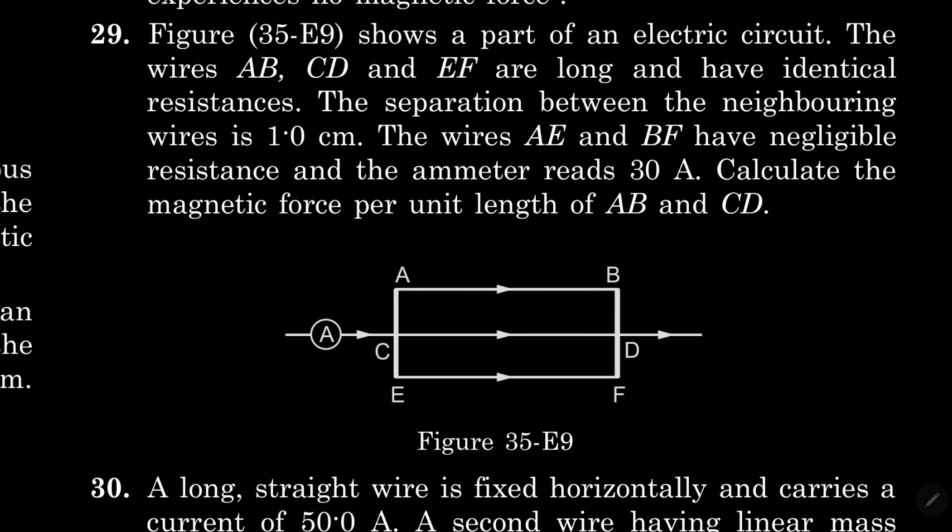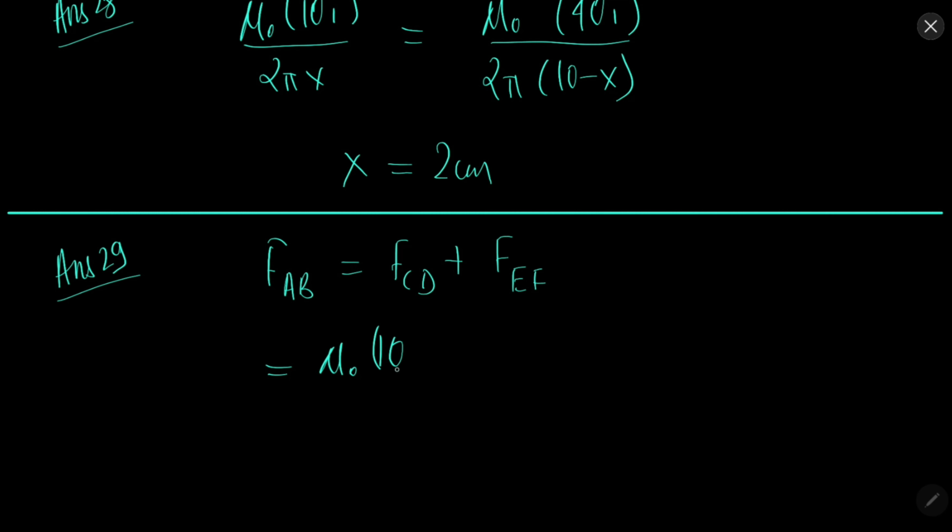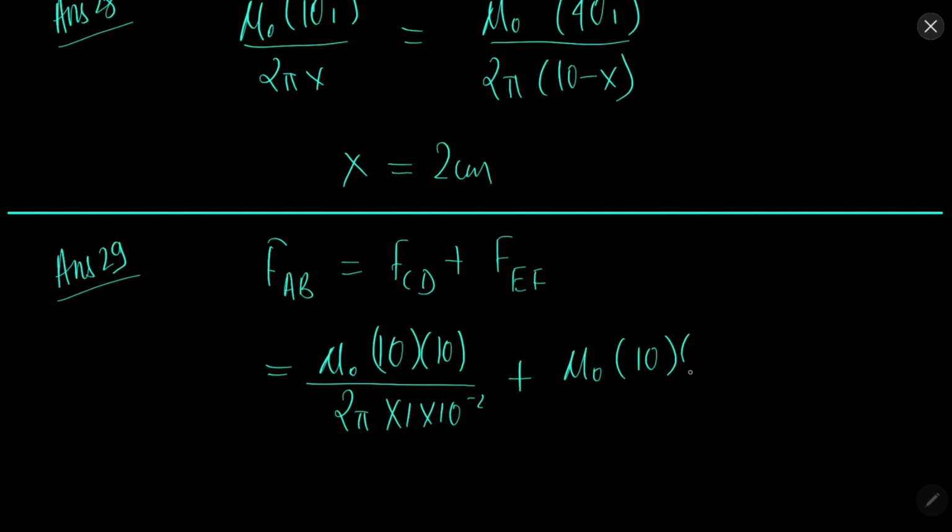In question 29, we need to calculate the magnetic force per unit length of AB and CD. Solution 29: FAB will be equal to FCD plus FEF, so mu naught into 10 into 10 over 2 pi into 1 into 10 to the power minus 2 plus mu naught into 10 into 10 over 2 pi into 2 into 10 to the power minus 2.